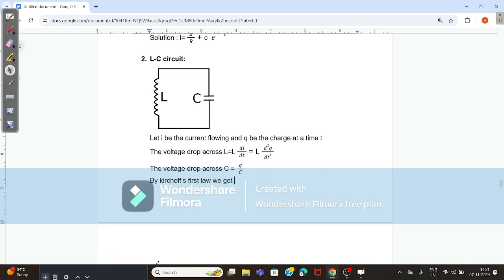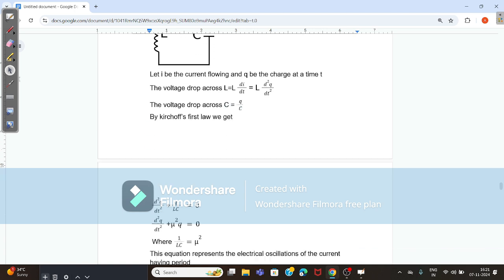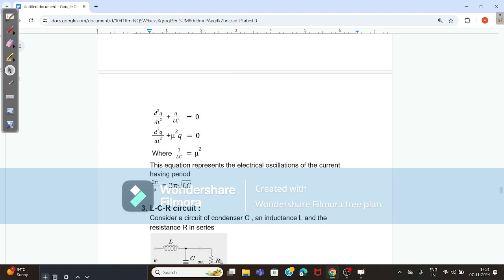LC circuit. Let i be the current flowing and Q be the charge at a time t. The voltage drop across L is equal to L into di by dt, which is equal to L into d square Q by dt square. The voltage drop across C is equal to Q by C. By Kirchhoff's first law, we get d square Q by dt square plus Q by LC is equal to 0.